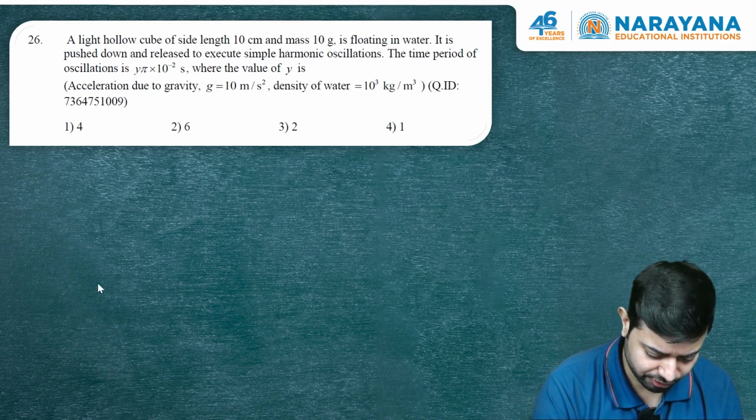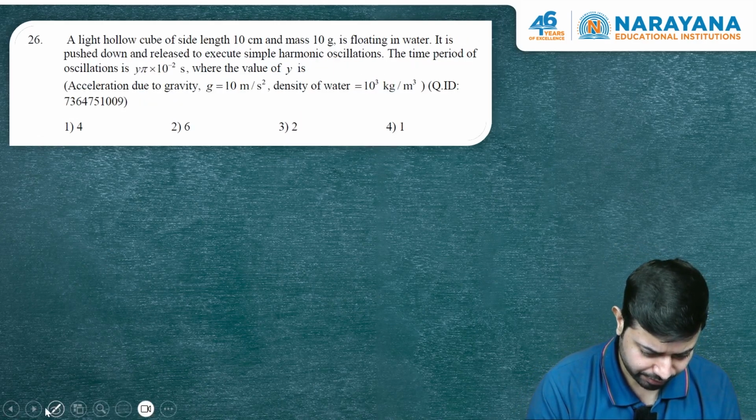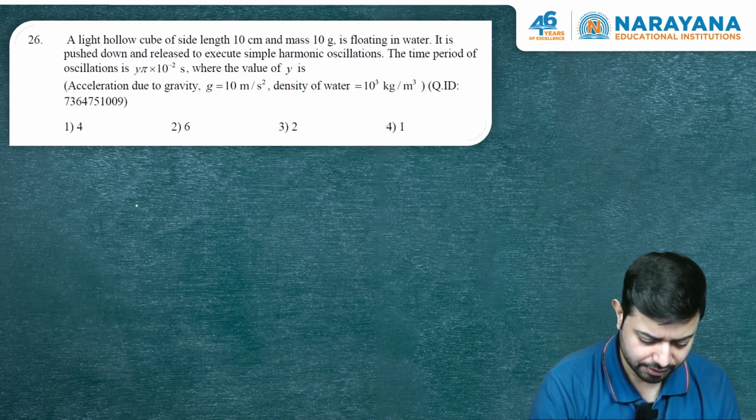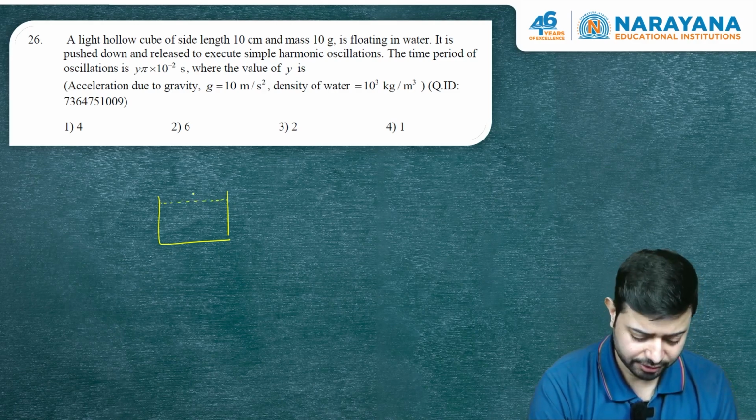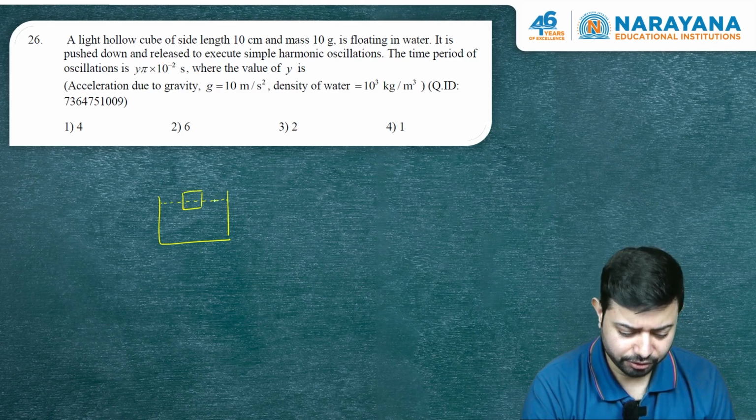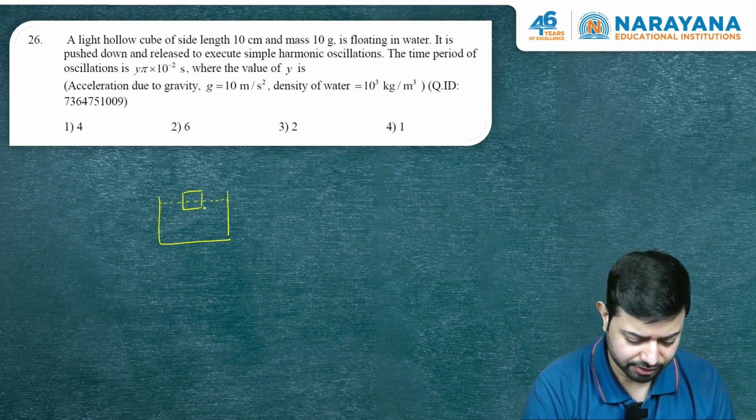So, I am going to draw this picture over here. This is the tub. You can think of some large container, and there is a hollow cube floating, of side length as given in the question. Now you displace it downward by some distance x.